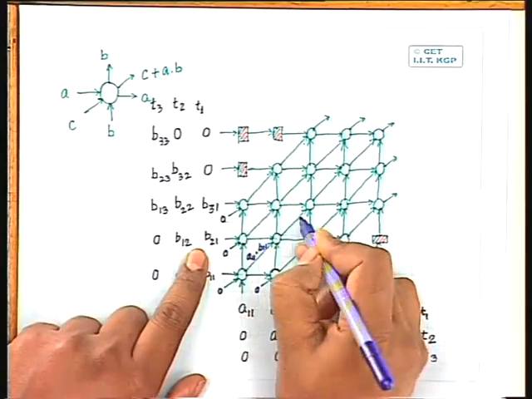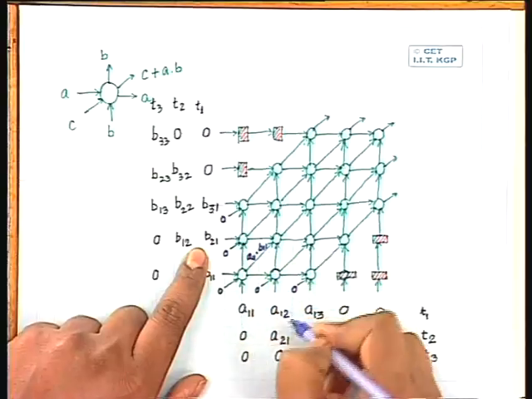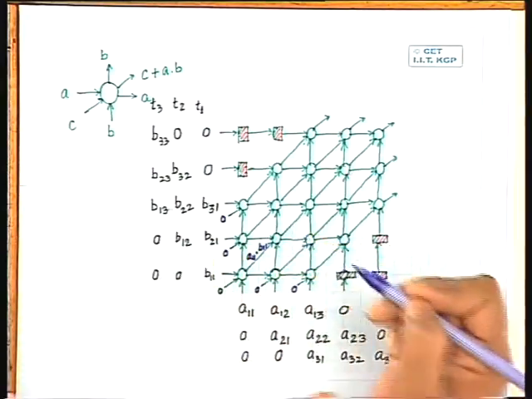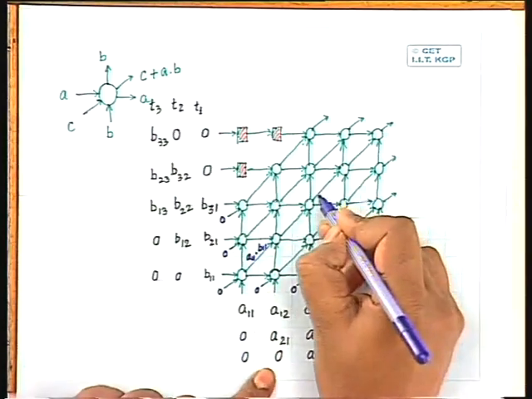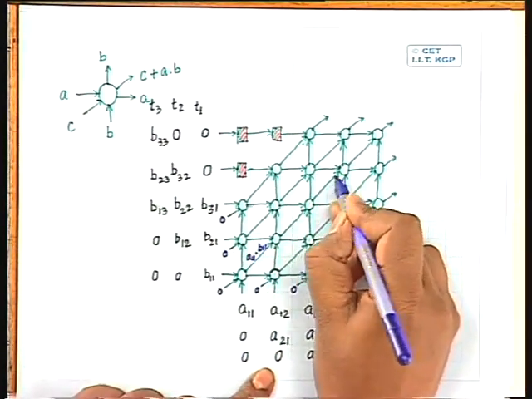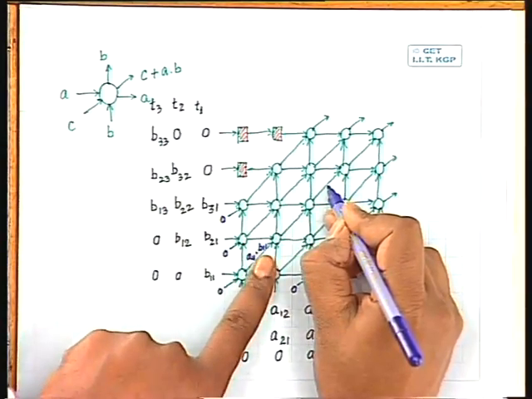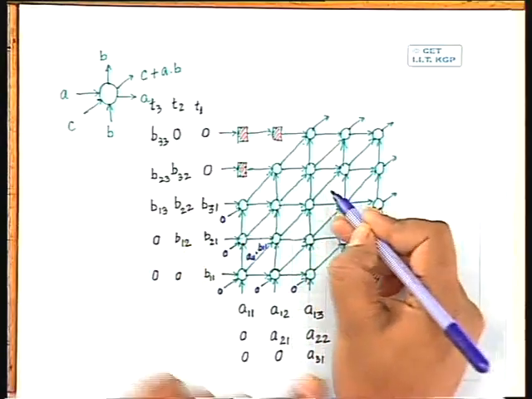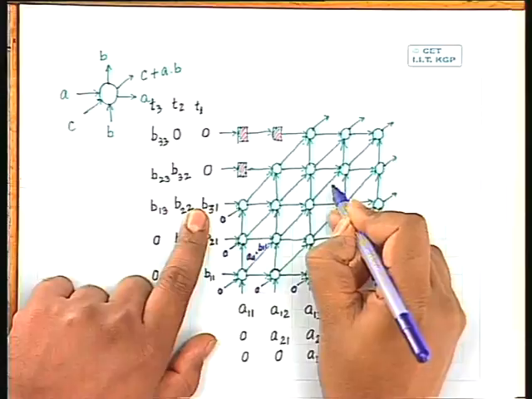So here I will have A11 into B11 plus A12 into B21 available on this link after time T2. Similarly, after time T3, what I will get here is A11 into B11 plus A12 into B21 plus A13 into B31. That is after time T3.